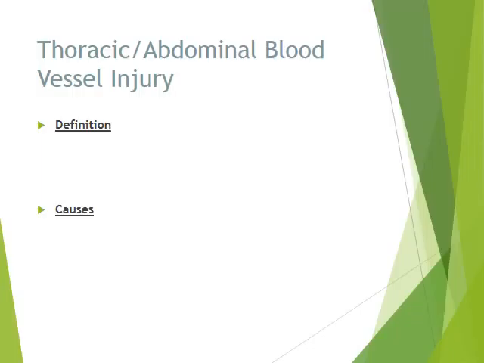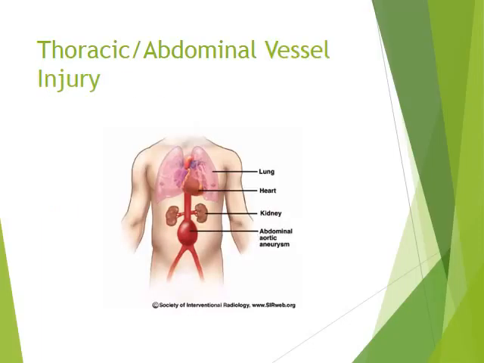Causes can be blunt force trauma, stabbing wounds, or just a congenital weakness, and then it happens to rupture. On this picture, you will see the descending aorta, which is what we're talking about, the abdominal aorta. In this case, this one has an aneurysm.